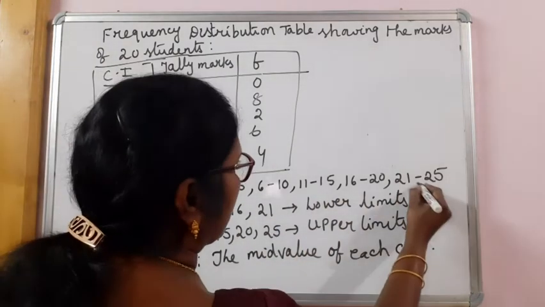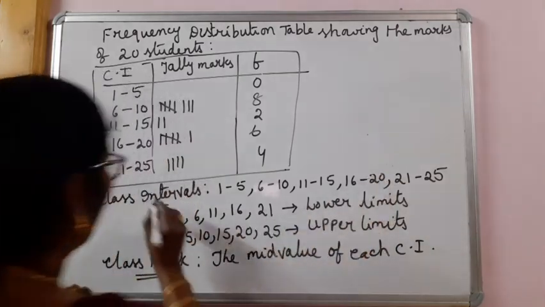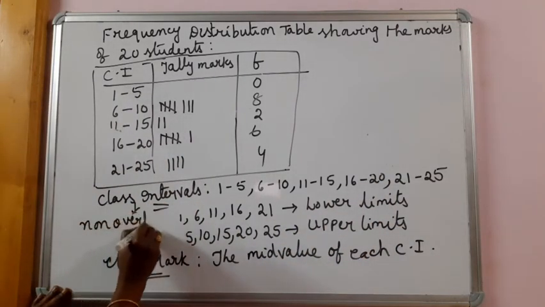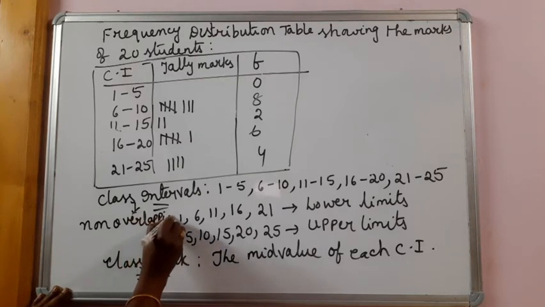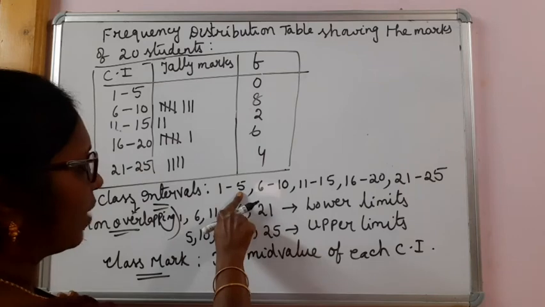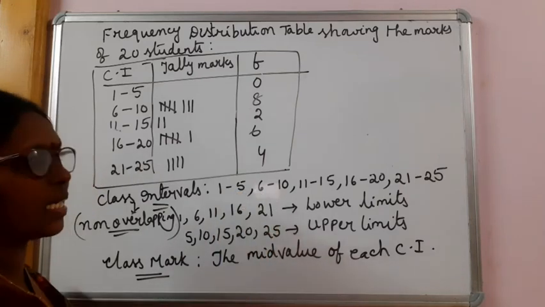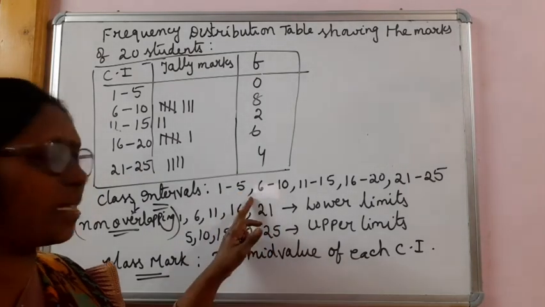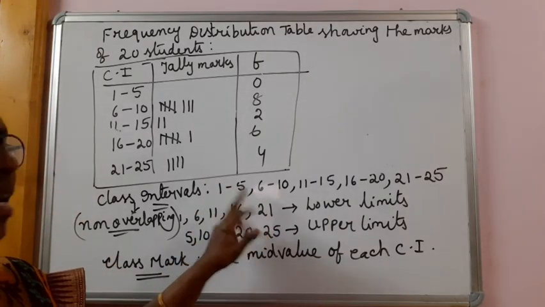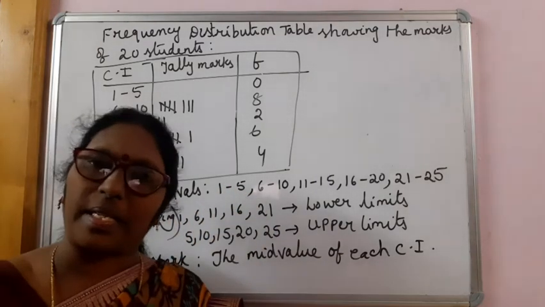Let me write here, these all are non-overlapping. We can see the upper limit of the first class interval is 5, lower limit of the second class interval is 6. So they are not overlapping each other. Then what are overlapping? Let me explain.